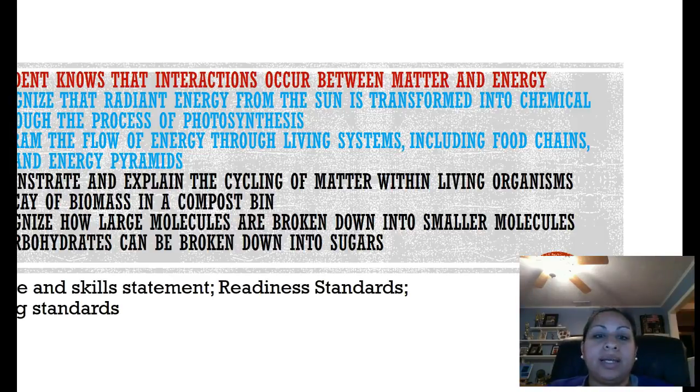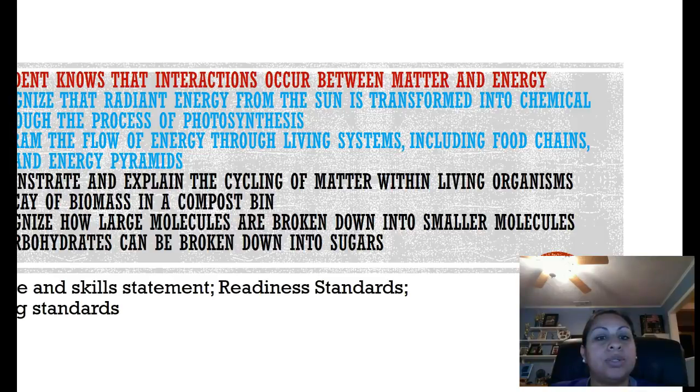So I went ahead and put in here the knowledge and skill statements for 7th grade science, the readiness standards, and the supporting standards. And because I put them up here, I'm going to go ahead and read through them. I'll start off with the 7.5. This is the knowledge and skill statement.